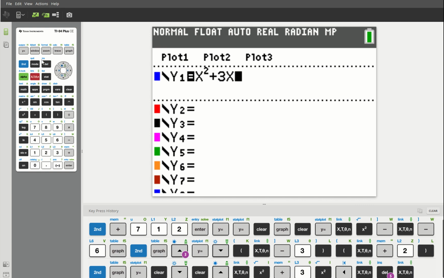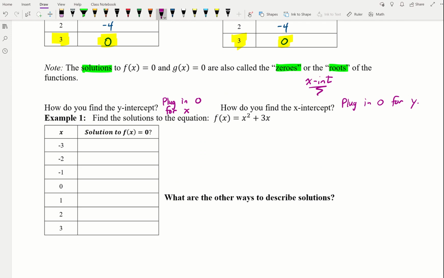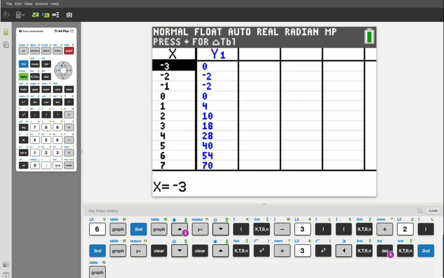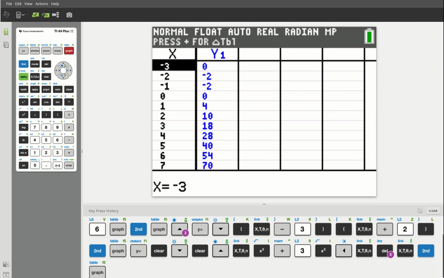All right, and then if we wanted to do our table again, let's see. Does this table start at -3 as well? Yes. So we're going -3 to 3 again. So now we got 0, -2, -2, 0, and then 4, 10, 18.